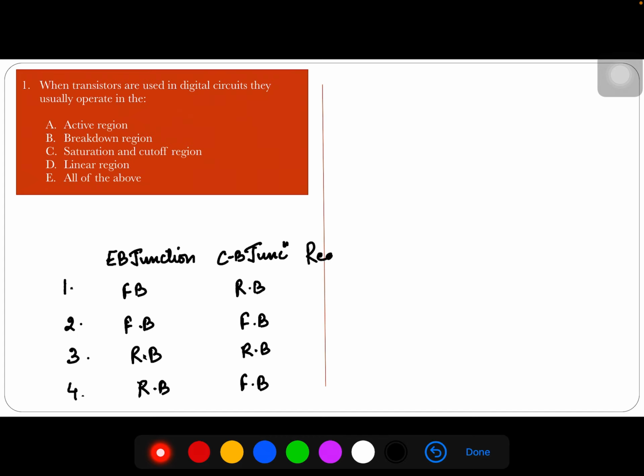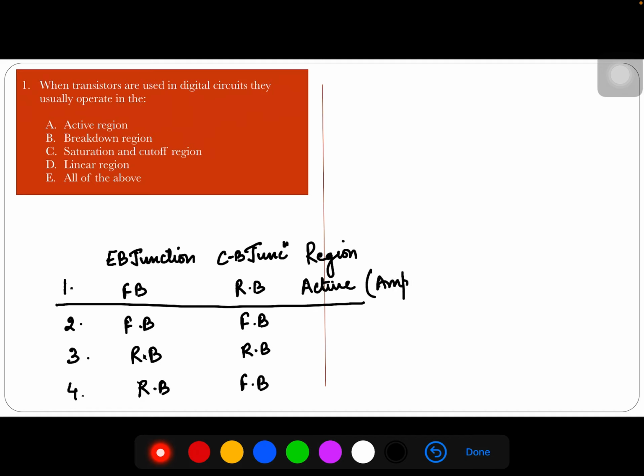If the first combination is the case, that means emitter base junction is forward and collector base junction is reversed, then the transistor in this particular combination will work as an amplifier and the region will be called active region.